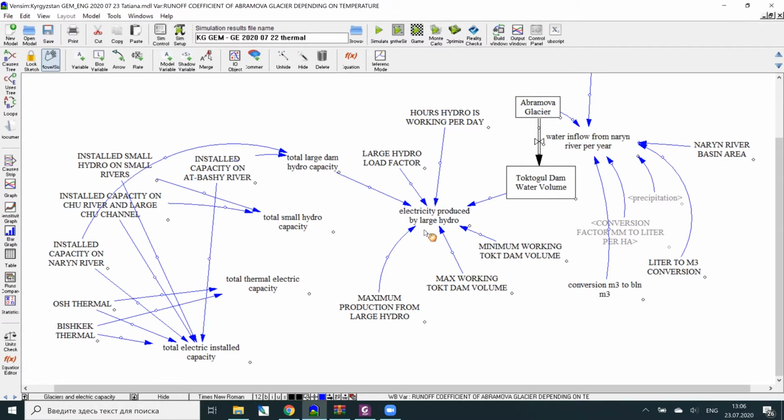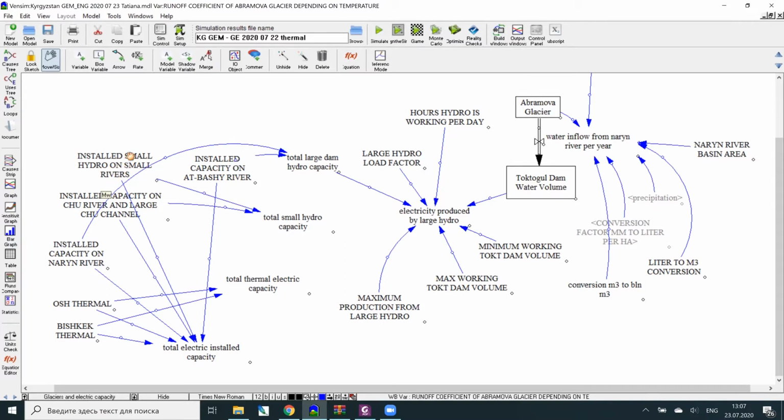Okay, so we can look at the river and the glaciers, I thought, to see how it depends on climate. So that's why I wanted to connect each station with the river that it was actually installed on. So we have this 40 megawatt, relatively small capacity on Atbashi, and then we have some small hydro on small rivers.